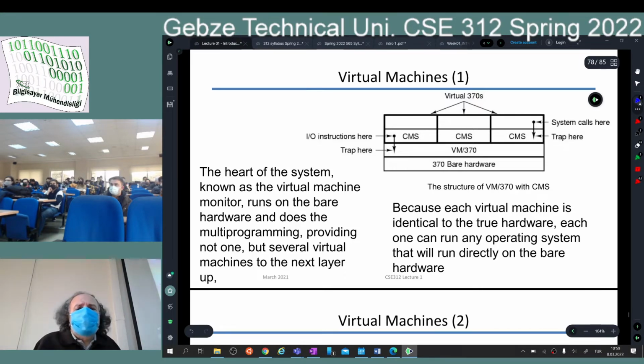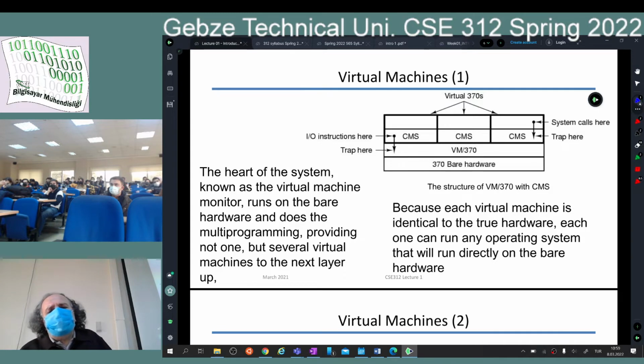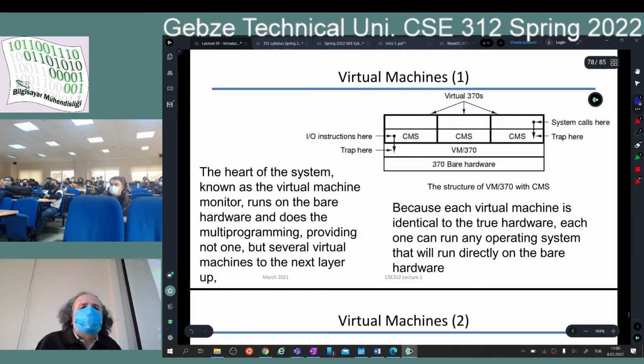And IBM realized that if I run many operating systems, copies of the same operating system, CMS is the operating system, on the same machine, and if one of them crashes, the others will continue running. So why don't I do that?